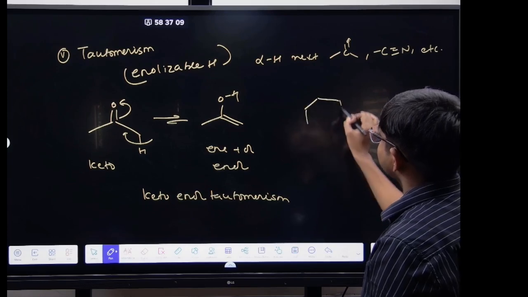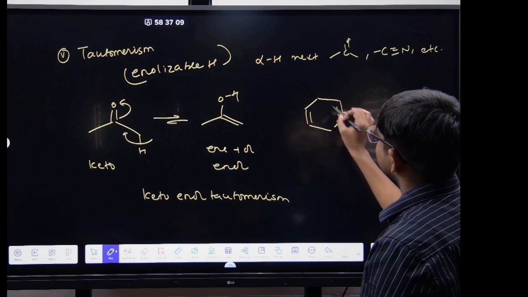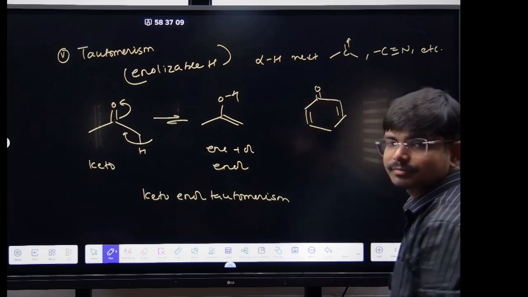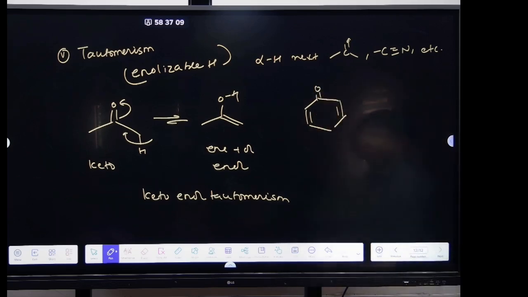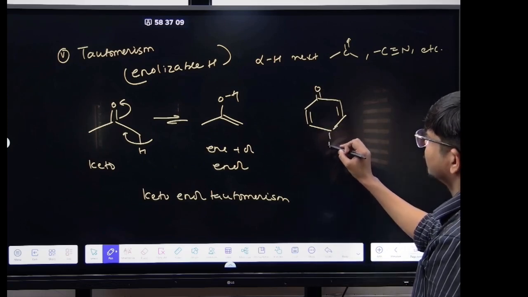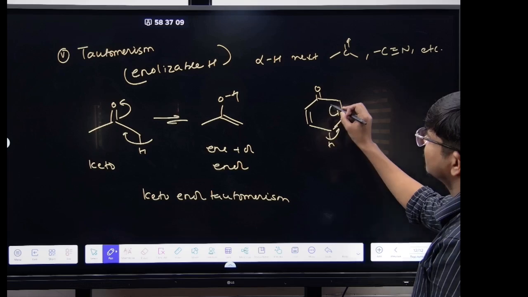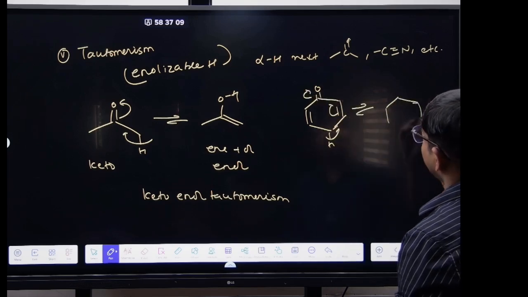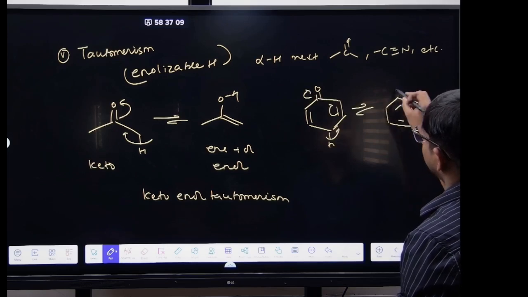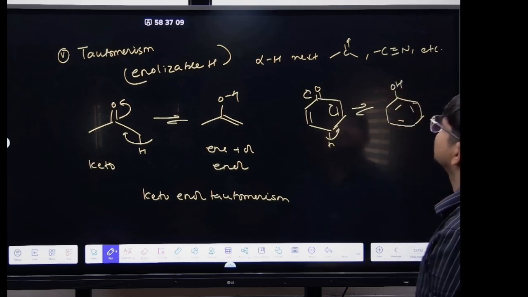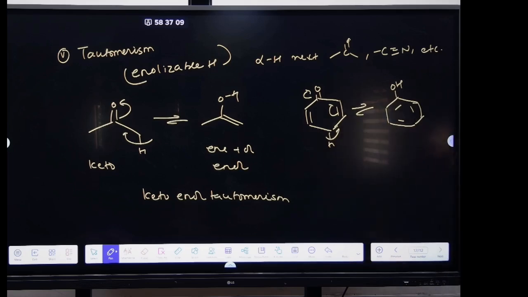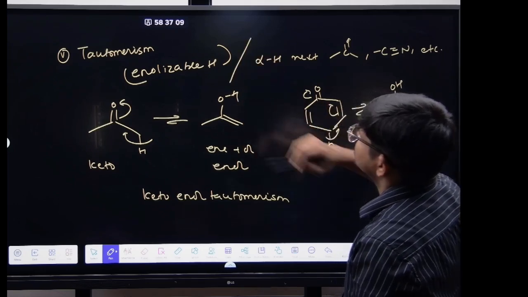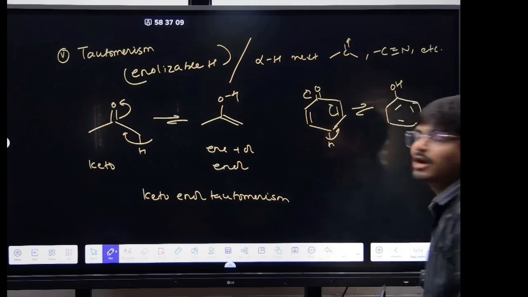See, got it? Here this hydrogen is enolizable, because if it goes like this it will form the aromatic compound, that is phenol. So I can write this compound like this. This is also a keto-enol tautomerism. So you have to look for the alpha hydrogen or enolizable hydrogen.